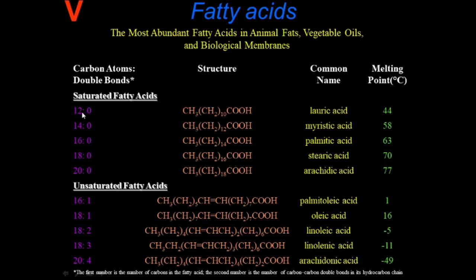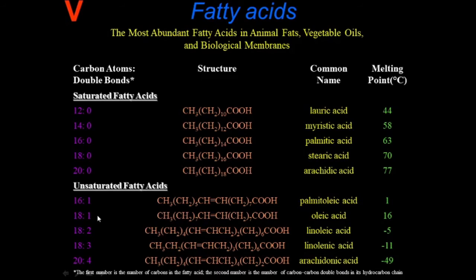In this notation, for example, oleic acid is designated as 18:1. This fatty acid is an 18 carbon chain and contains one carbon-carbon double bond.